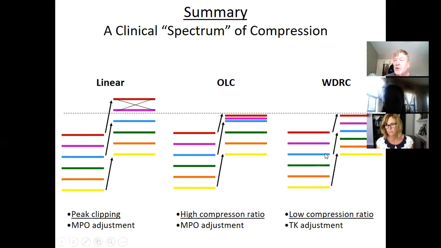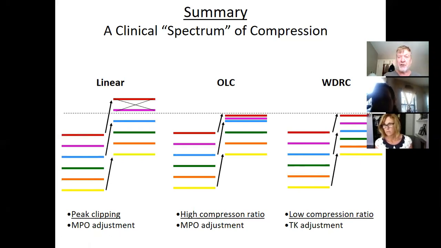Compression is already occurring for average inputs and for loud inputs. It's just a low degree of compression. But look at what the result is. As a result, a big dynamic range of inputs is shrunk nicely into a smaller dynamic range of inputs. That's why they called it wide dynamic range compression.